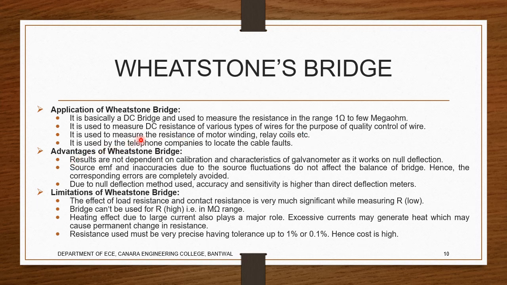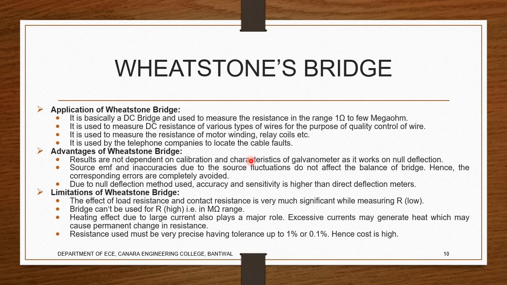Then it is used to measure the resistance of motor windings and relay coils, the motor windings in fans and pumps. Whenever there are problems in telephones, this technique, the Wheatstone bridge, is used to find cable faults. If the phone is dead, they connect a meter using the Wheatstone bridge technique and find the fluctuation in the current there.